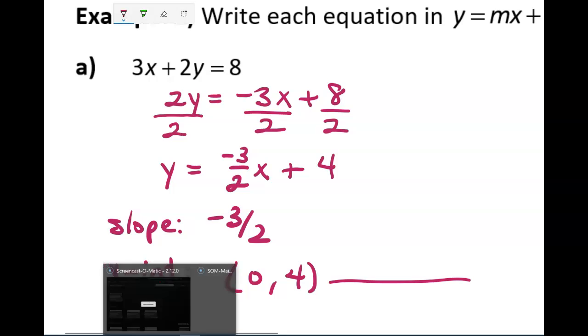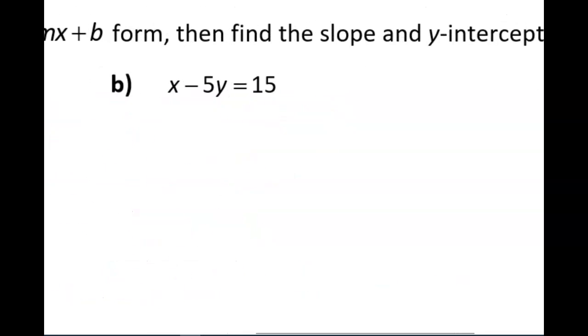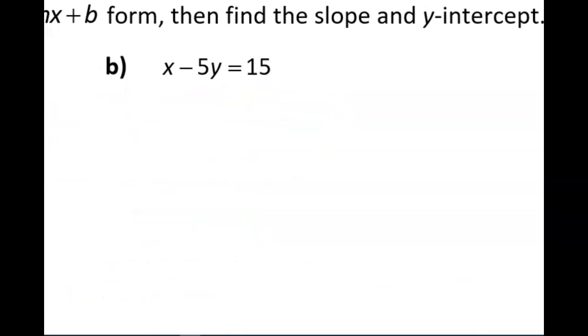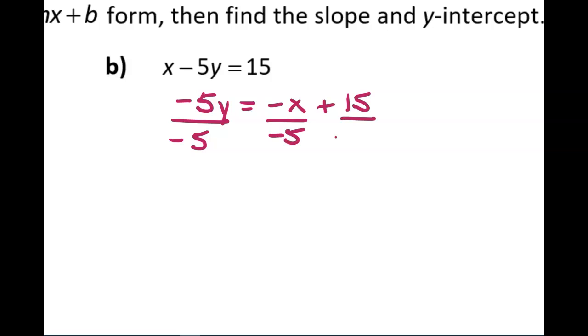In B, we have an equation x minus 5y is equal to 15. So in order to solve for y here, we need to subtract x or add -x to both sides, and then divide through by -5. And we need to remember to distribute that to both of the terms on the right side of the equation.